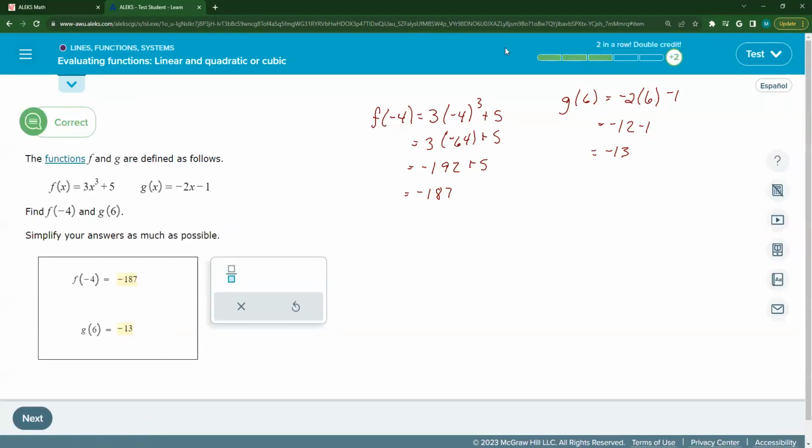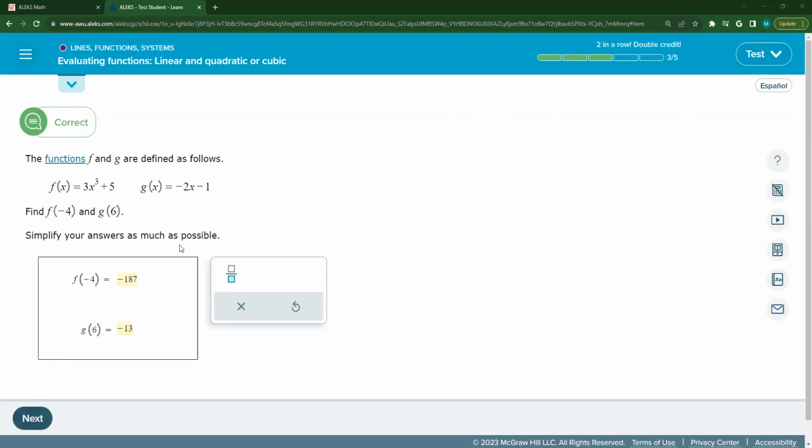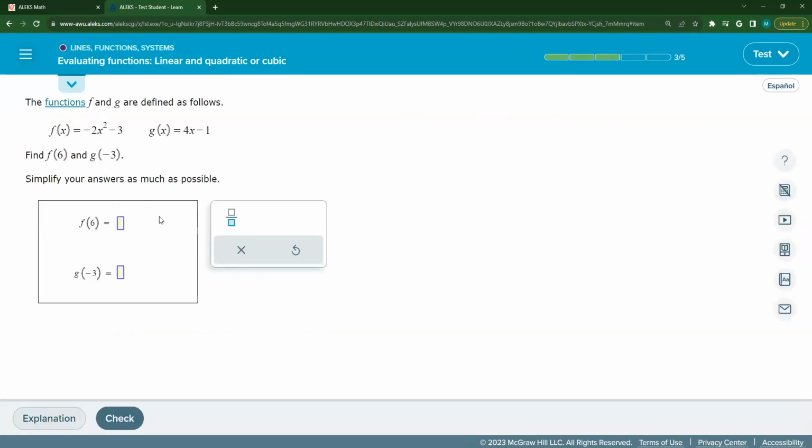All right. And hopefully this will be our last one for this topic. All right, so this time we're doing f of 6. So going to the f function, which this time is -2x squared minus 3, so -2 times 6 squared minus 3.